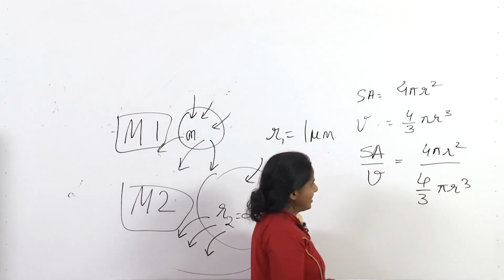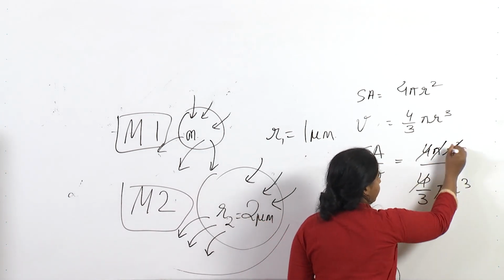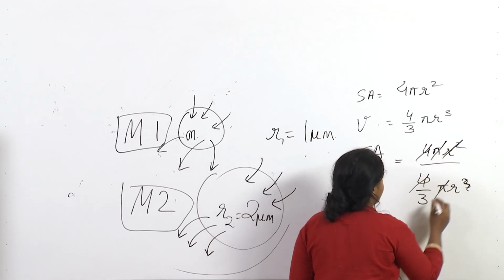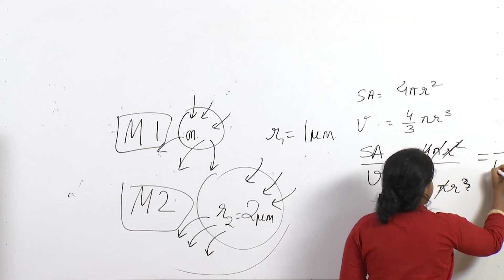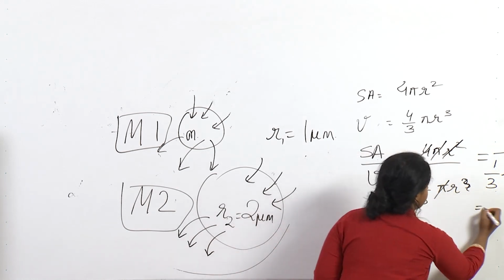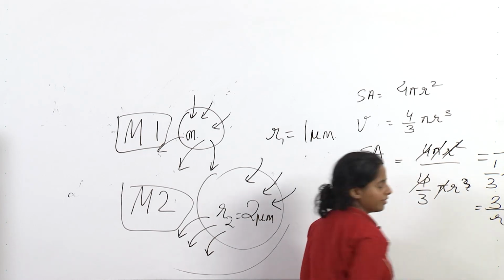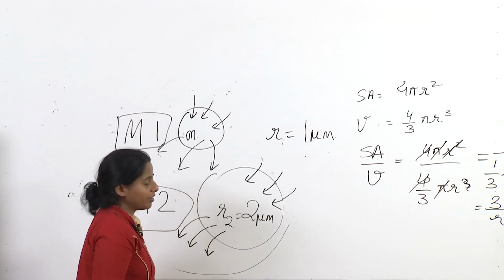Now let's make life easier by cancelling the pi on both sides, cancelling the 4 and getting rid of the r squared. What we are left with is that the surface area to volume ratio for both would be 3 by r. Alrighty, so now let's calculate the surface area to volume ratio for M1 and M2.